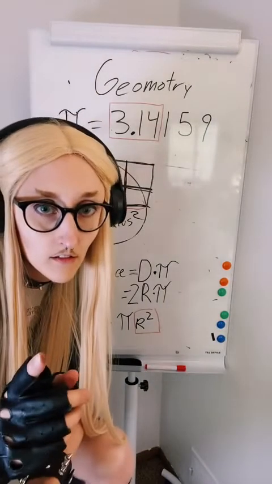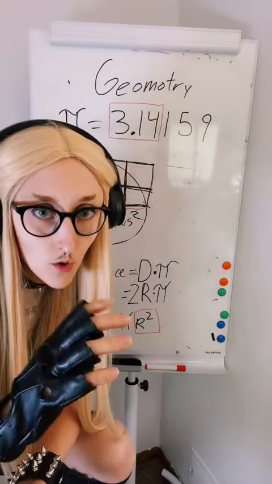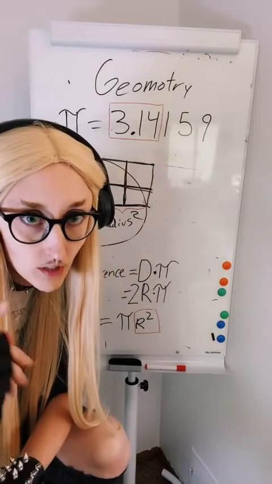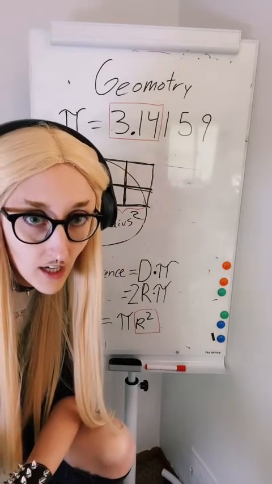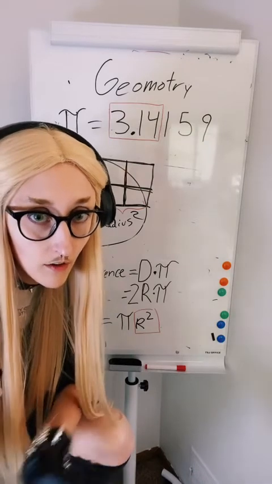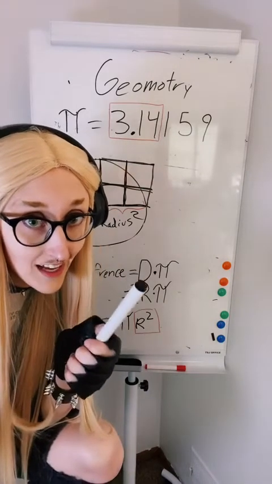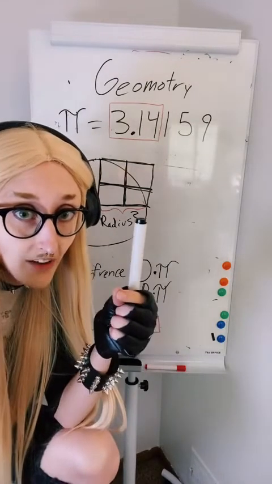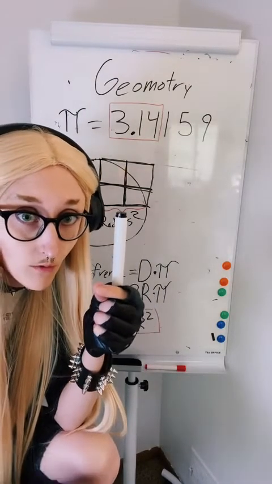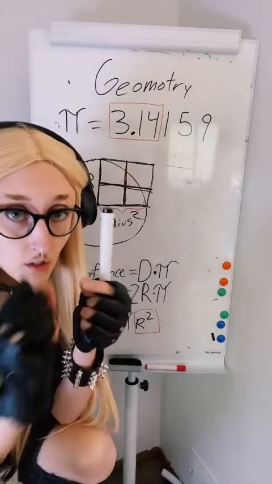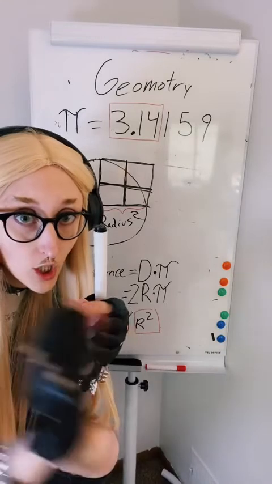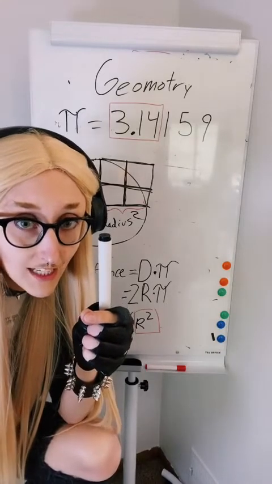And then I am now going to multiply that by pi, 3.14159. We just talked about that that's actually the ratio of how many diameters it takes to go around your circle. We are multiplying it by how many it takes to go around the circle.